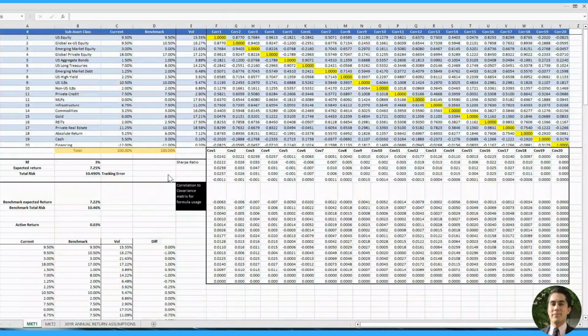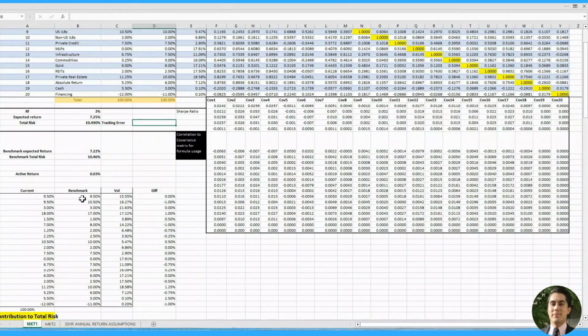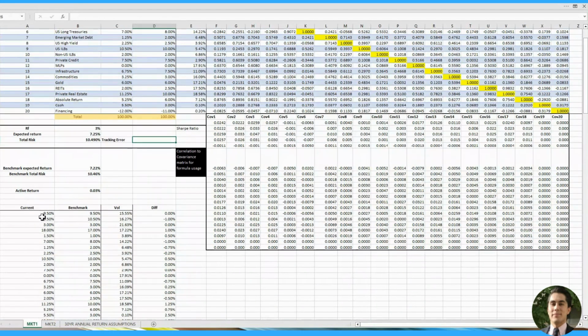Now your tracking error is based on the difference between the weights in your benchmark and your portfolio, times of course the different covariances. So before we compute the tracking error, we have to compute the difference between the weights of the benchmark and the portfolio. Here, I just computed how much underweighted or overweighted I am.